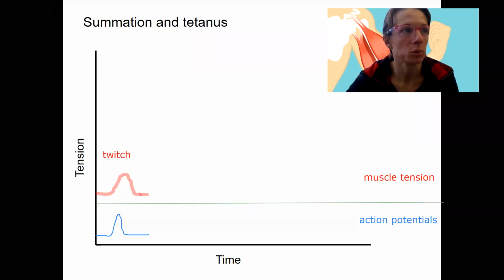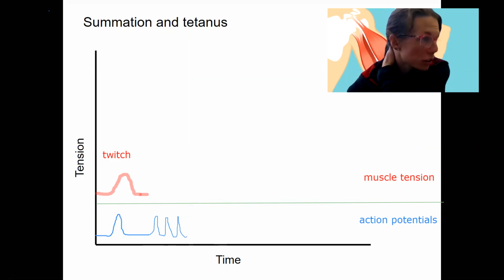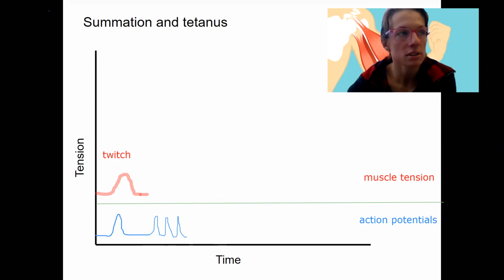So let me go back to my blue. First thing that can happen is if we have two action potentials that are not close enough in time, we can have what's called treppe. Treppe means staircase. Let me draw one more action potential there. And it refers to the idea that although the twitches are still separate, there still is contraction occurring slightly higher than the previous one.